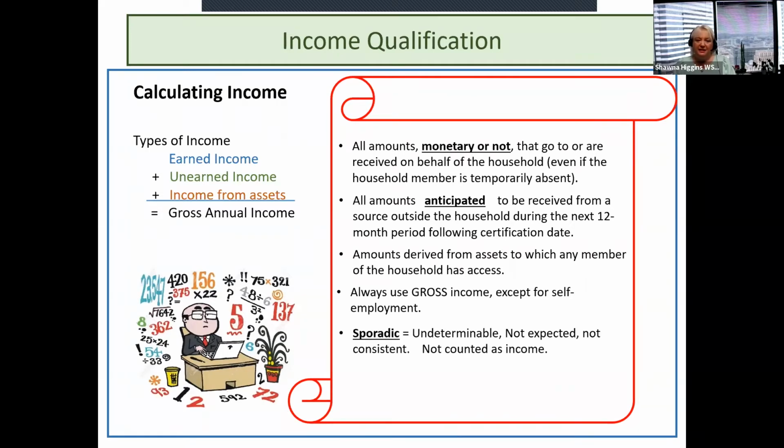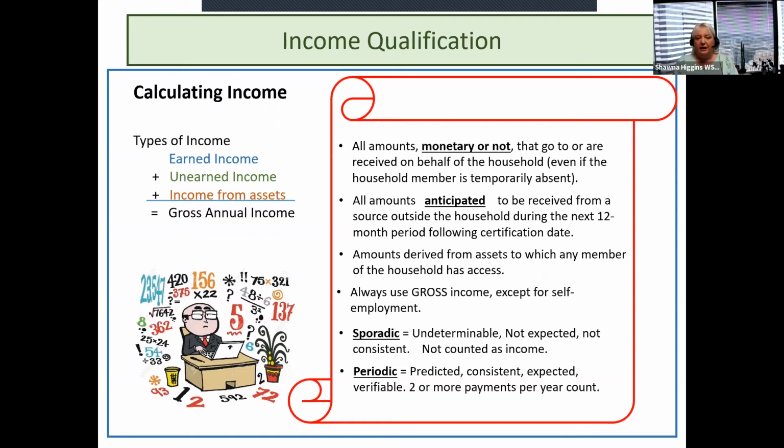And sporadic income is undeterminable, not expected, and not consistent. So you're not going to count that as income. So for instance, someone won the lottery and they took the one lump sum. We're not going to count that because we didn't know that they were going to win. They didn't know that they were going to win it. And they got it as a one lump sum.